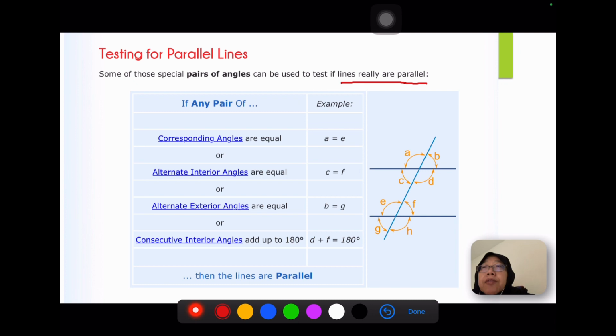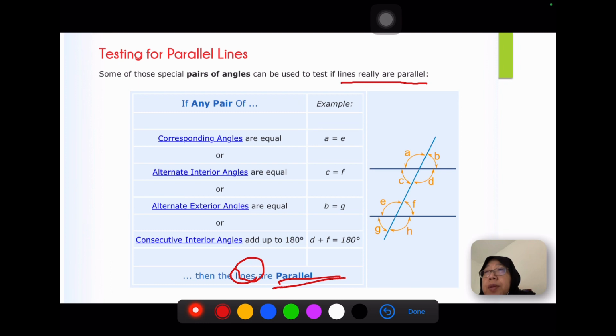If any pair of corresponding angles are equal, or alternate interior angles are equal, or alternate exterior angles are equal, or consecutive interior angles add up to 180 degrees, then the lines are parallel.